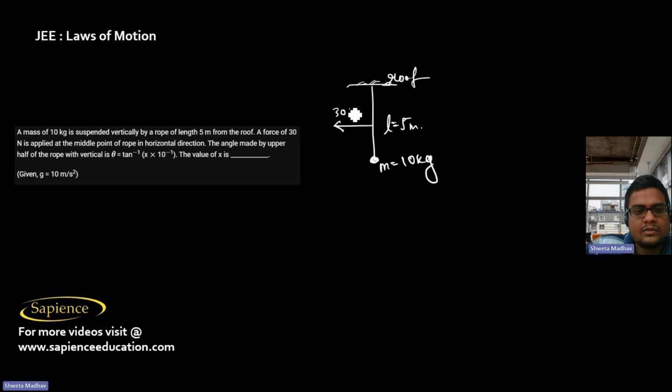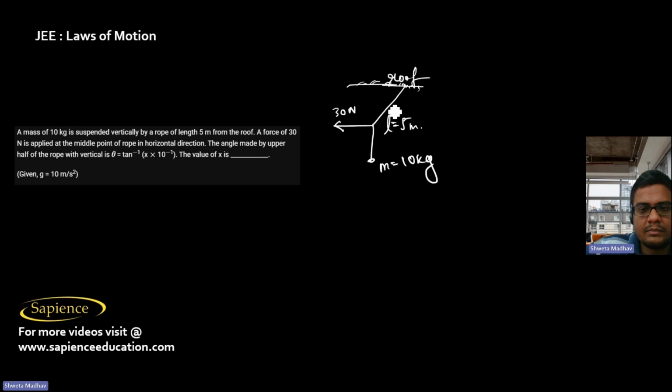Here the 30 Newton force is applied in the horizontal direction. The angle made by the upper half of the rope with the vertical is asked. So if it is pulled like this, then the upper half will make some angle.